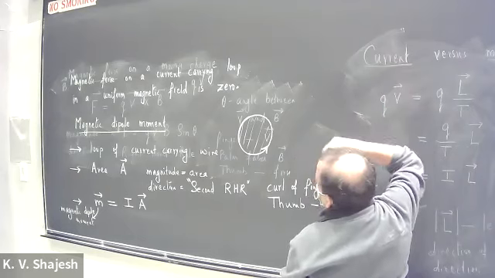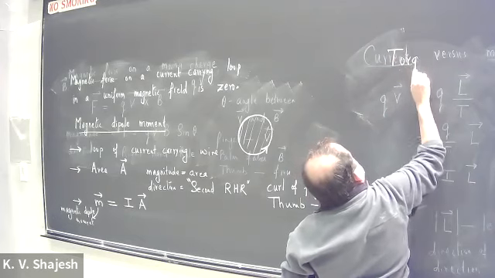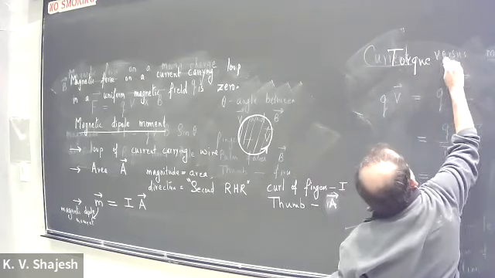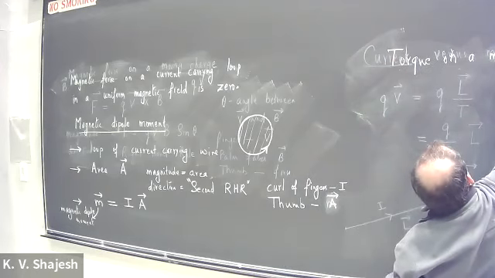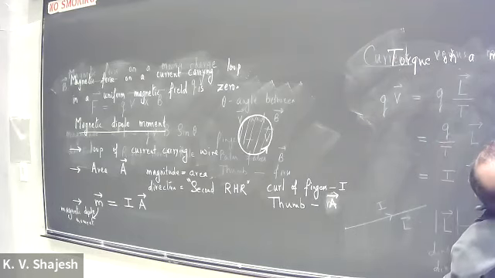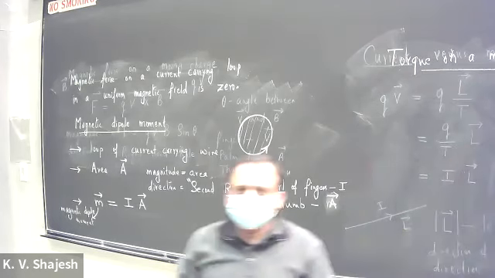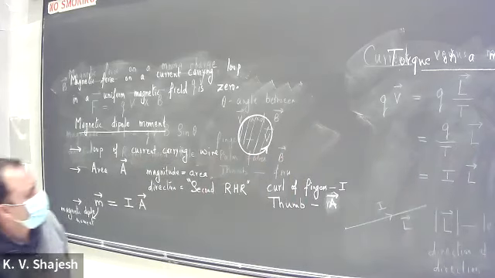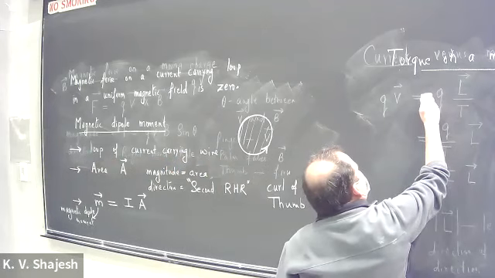So a loop of wire does not experience any force, but it experiences a torque. Torque on a magnetic dipole moment. So let's see what is the torque on the dipole moment.